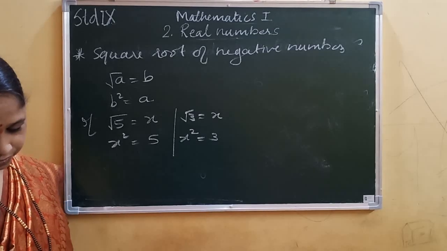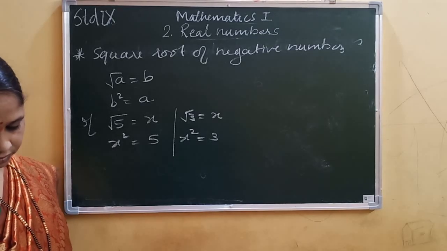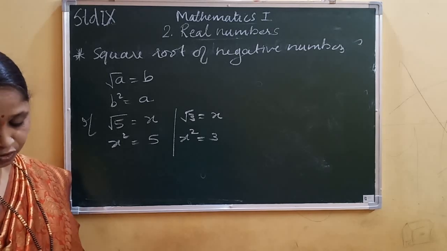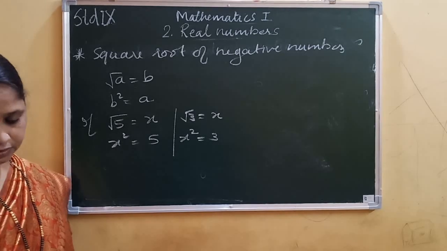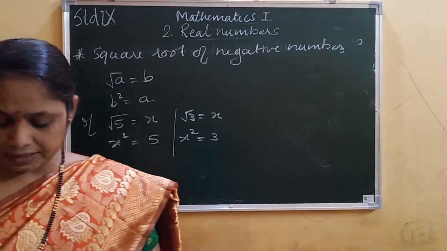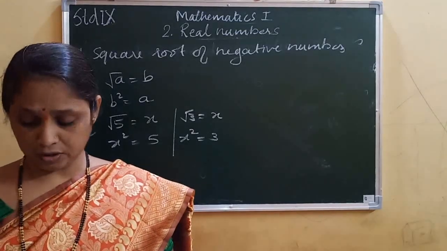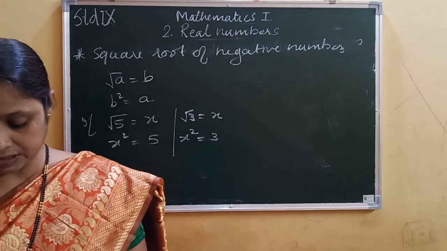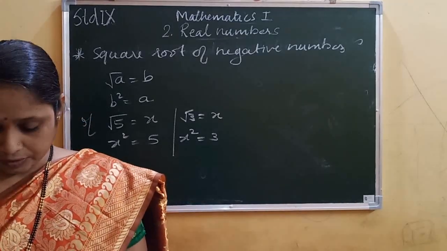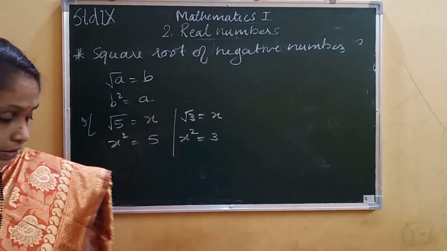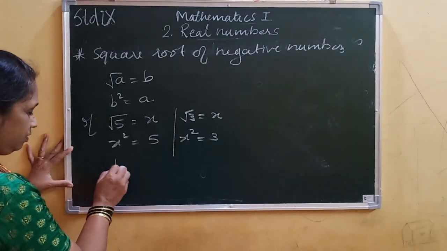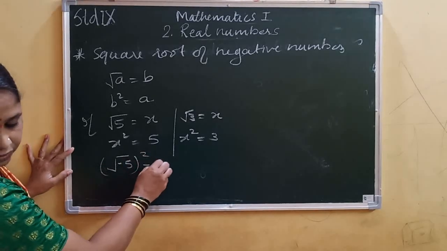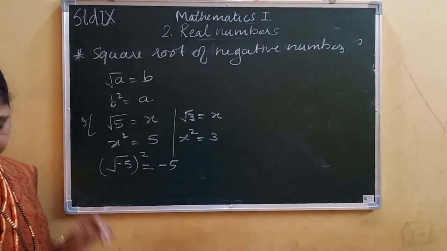Now similarly, the square of any real number is always non-negative, and it means that the square of any real number is never negative. But if you take under root minus 5, its square will be equal to minus 5.